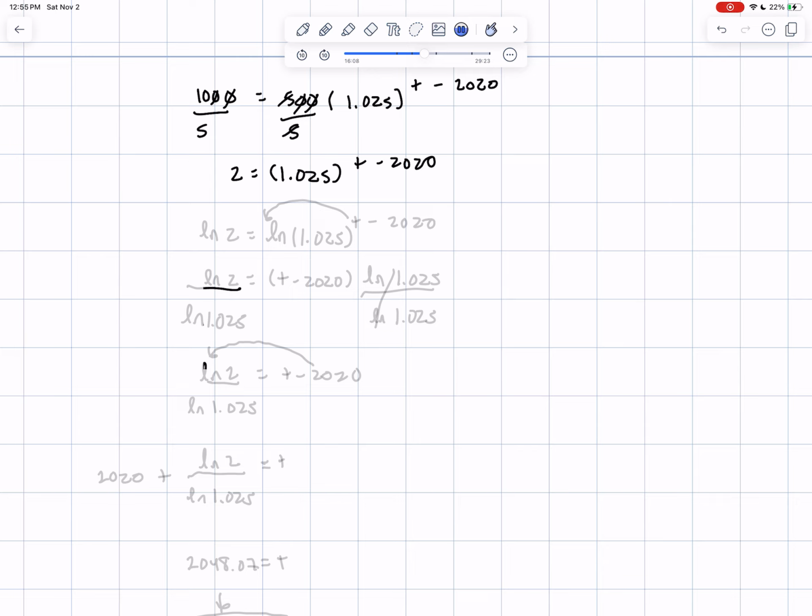Now what I want to do is add the ln. So ln of 2, ln of, now we want to bring our exponent down.